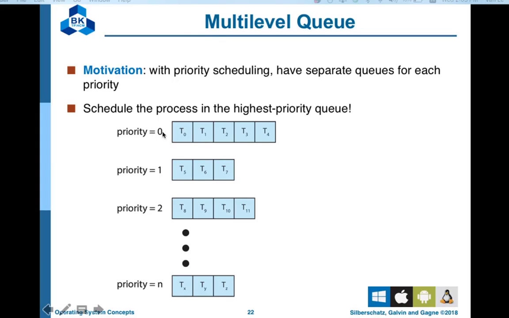The first one is the highest priority, then the second, the next, and the next. Multi-level queue means that in our system we have many levels, and the highest one will run first. For example, T0, T1, T3, T4 here will run first.